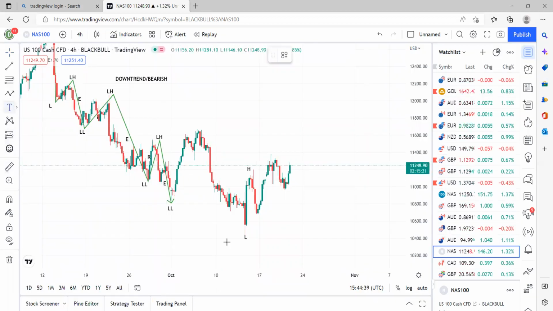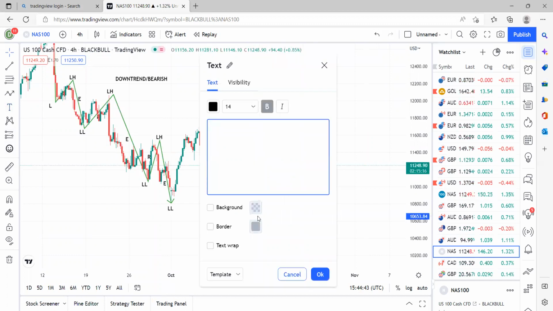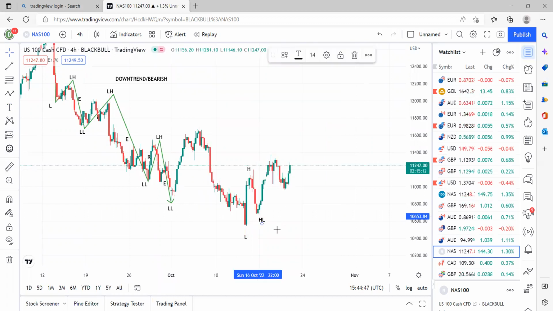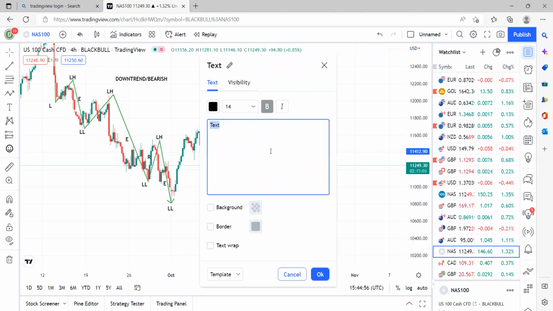And then we have our higher low here. And then we have our higher high here.